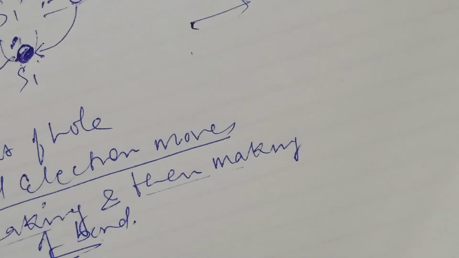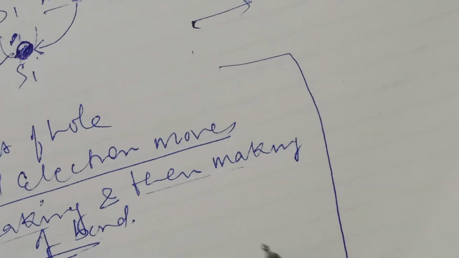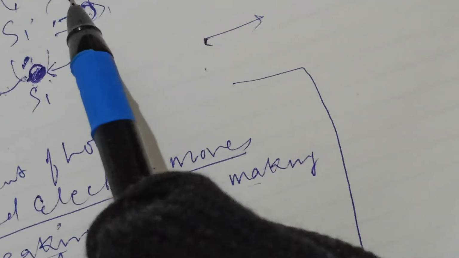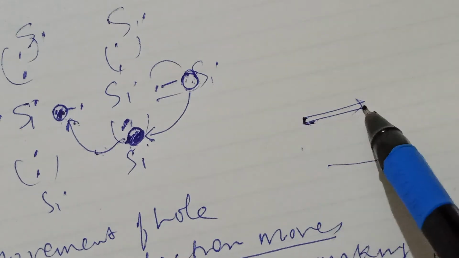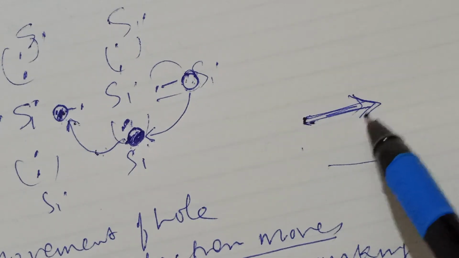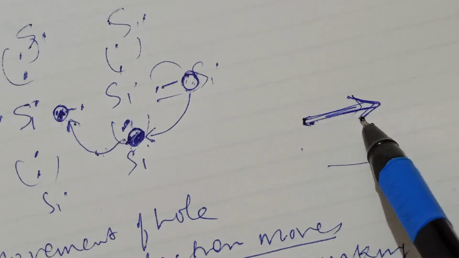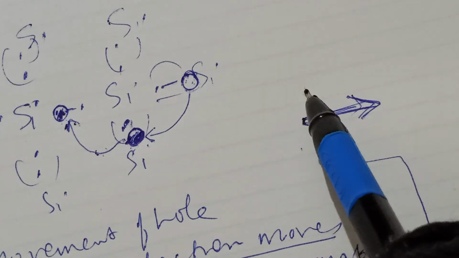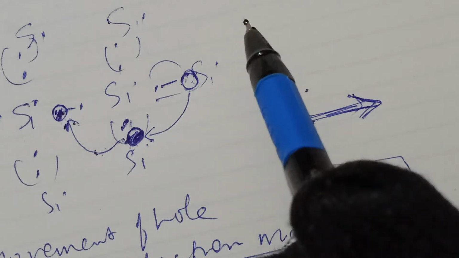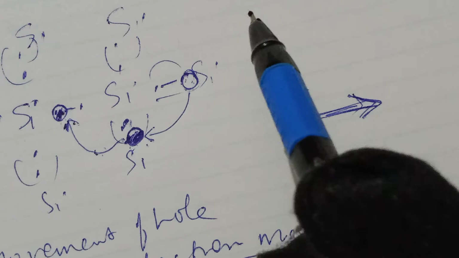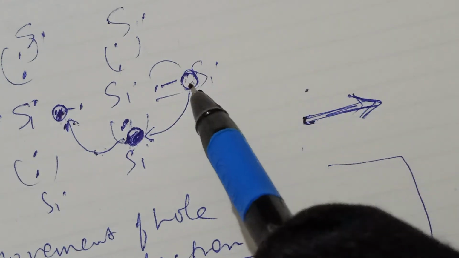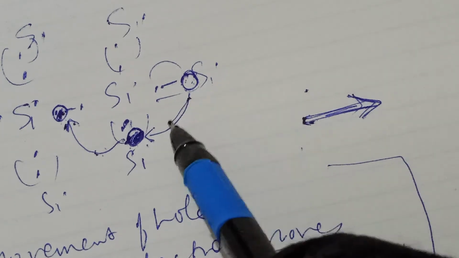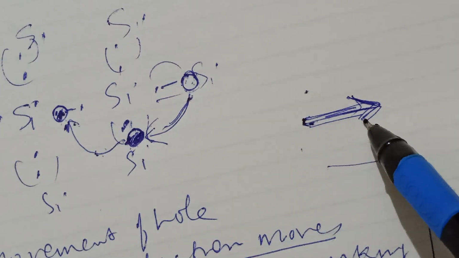So I think it is clear how holes move in a semiconductor material by breaking and making of bonds of bonded electrons, and how free electrons move in a semiconductor material because they are free from every type of bond. So the presence of holes or free electrons in a semiconductor material can help conduct current through it. But it is also clear that the flow of current due to holes will be lower than the flow of current due to free electrons.